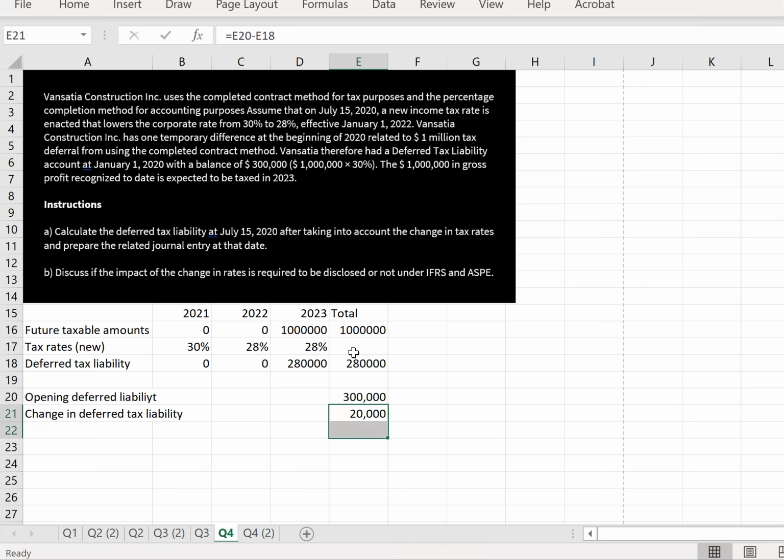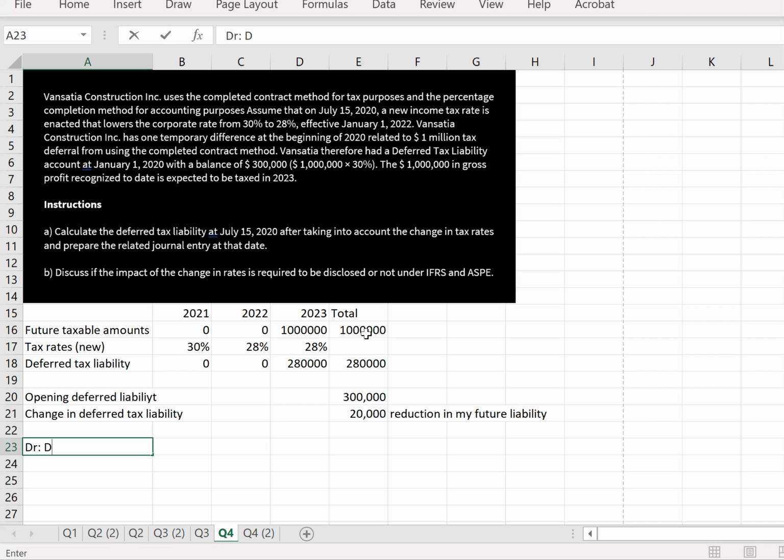So now I've got a $20,000 reduction, and this is a reduction in my future liability because the tax rates went down. So I thought I would have a future liability at 30%, but good news, I only have a future liability now at 28%. So the entry I need is actually to reduce my future liability by the $20,000 benefit that I received by the future tax rate decreasing by 2%.